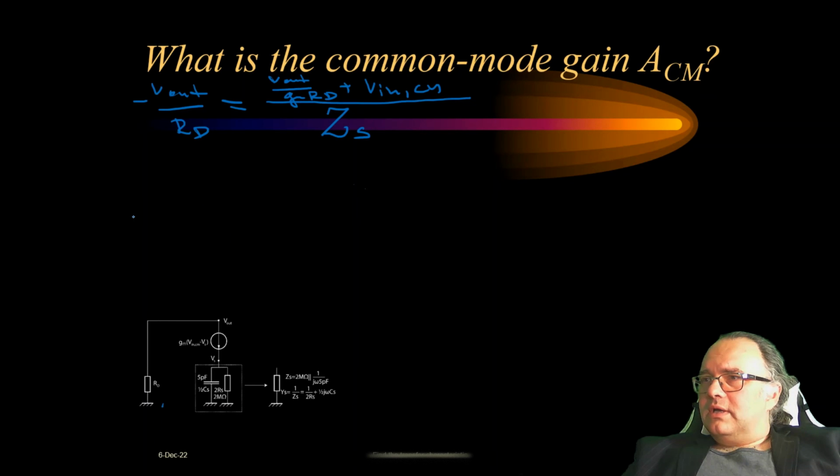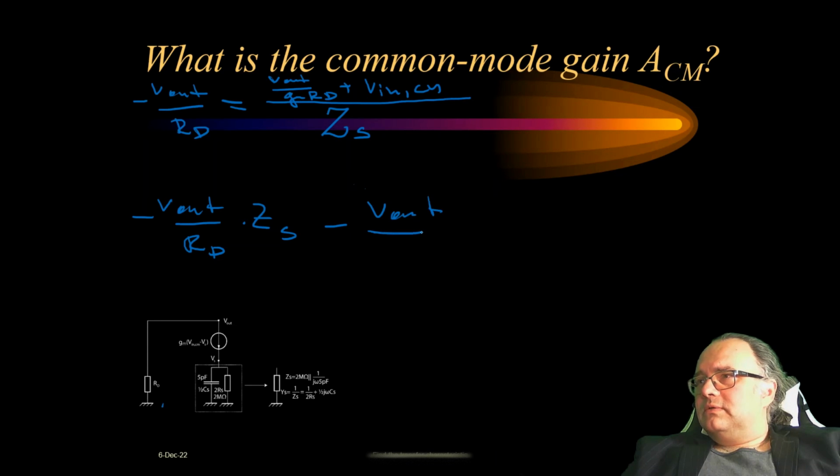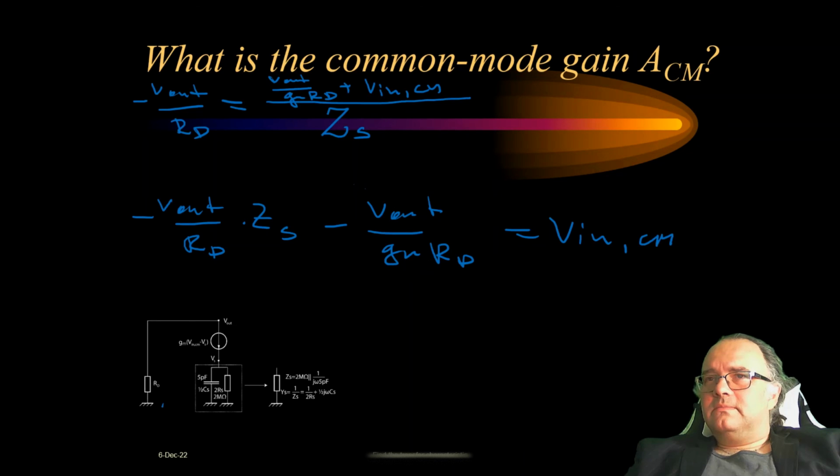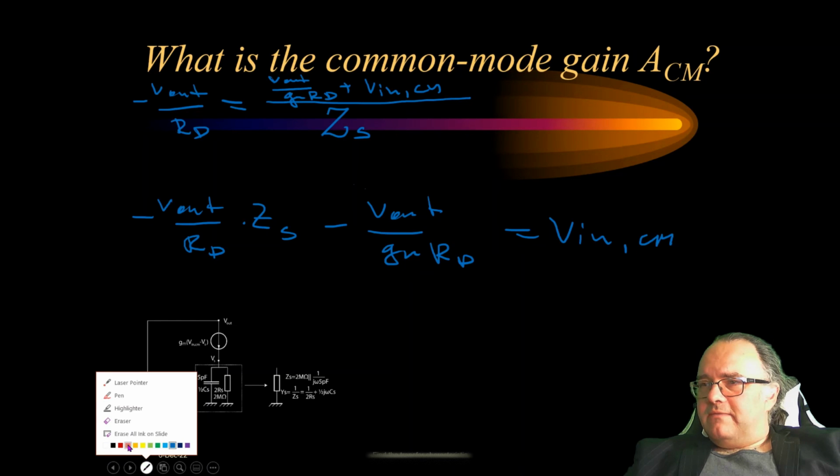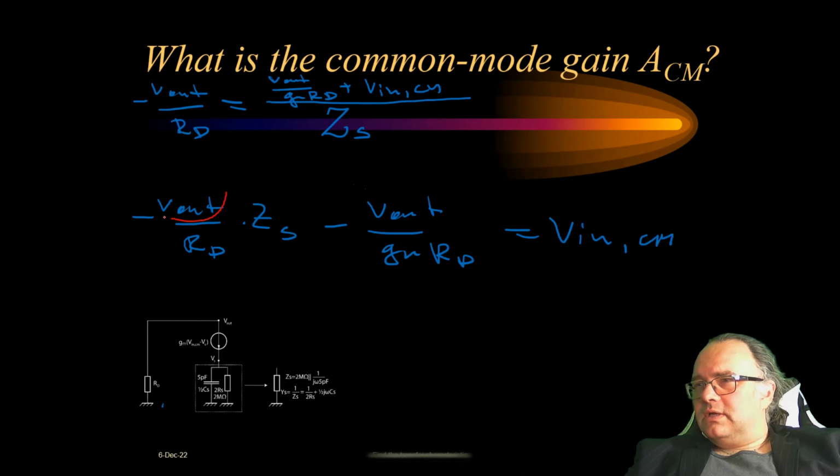Now I can write V out RD multiplied by ZS, and then minus V out GMRD is equal to V in common mode, like this. Now on the one side I have V out, you see, so I can take this thing here.